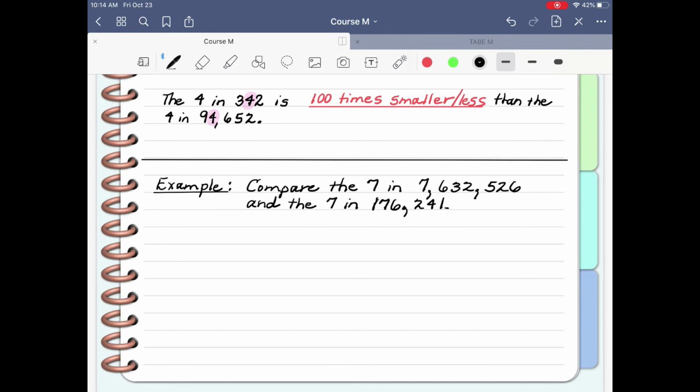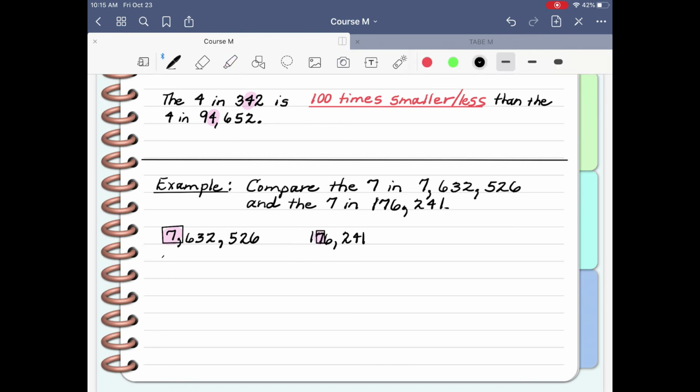So the first number is 7,632,526. And we're interested in the value of that 7 right there. And then in this one, it's 176,241. We're interested in the 7 right there. So we have this 7 compared to this 7.